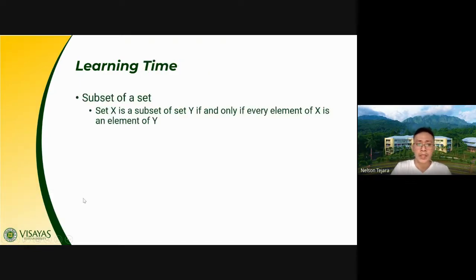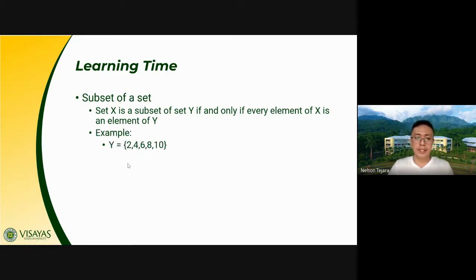So what do we mean by subset? Mathematically speaking, a set X is a subset of set Y if and only if every element of X is an element of Y. What do we mean by that?